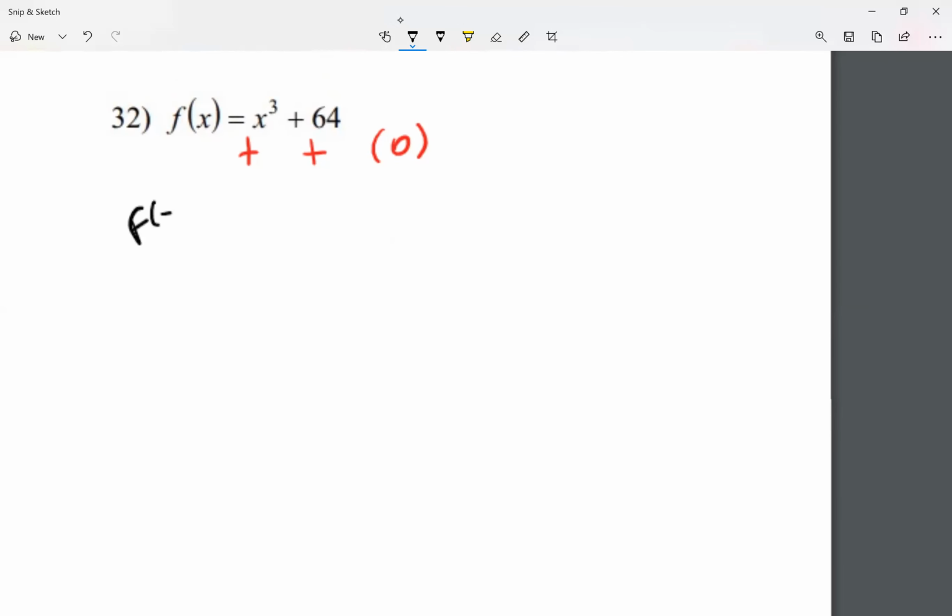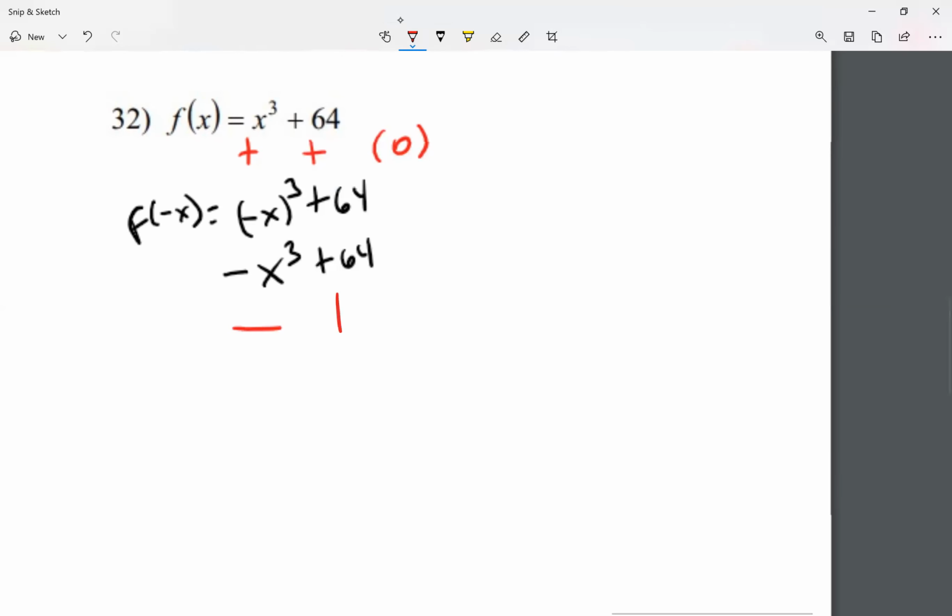Now let me think of f of negative x. So I have negative x all to the third plus 64. My exponent is odd, so the negative does come out: negative x to the third plus 64. Let me take a look at the signs. Negative, positive. There was one change.